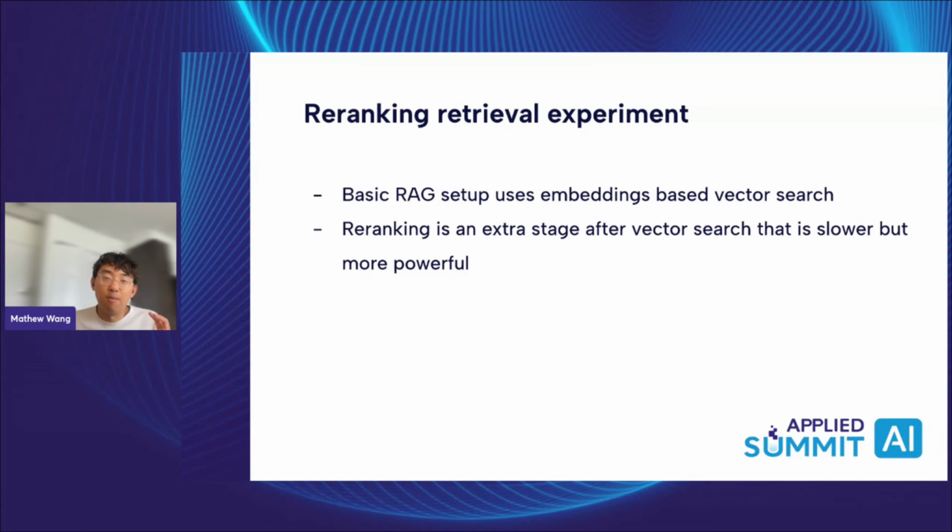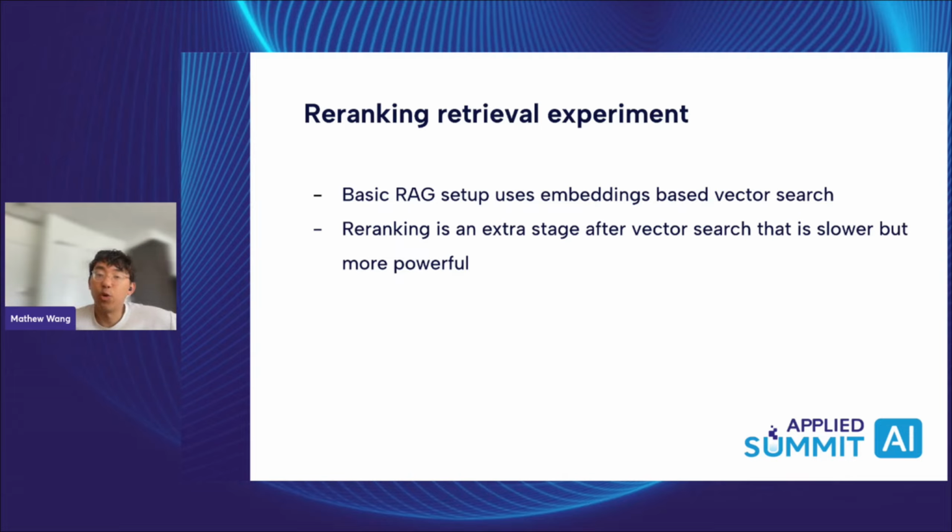So embeddings-based vector search is just a fancy way of saying we take the question the user asked, we take the knowledge base, all of the context we want Benji to use, we convert that text into numbers, and then we compare them mathematically for similarity. So the goal is to get the parts of the knowledge base that mathematically are most similar to the query. This is a pretty naive approach, and there are ways to improve it.